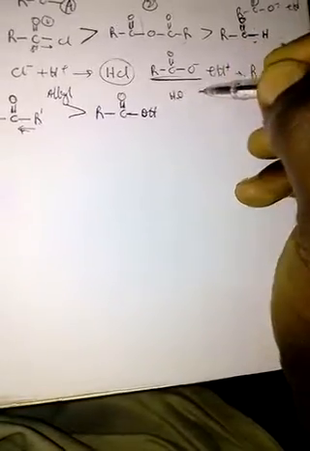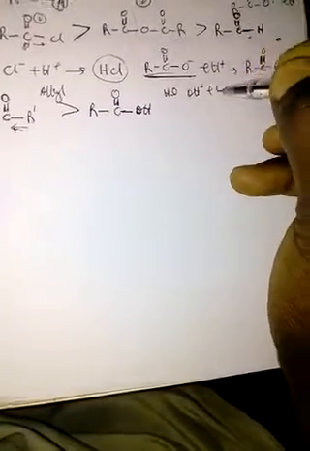The next on the table, 1, 2, 3, 4. The next that is very reactive too is carboxylic acid. This OH group is somehow donating, because this is OH plus hydrogen, so water.